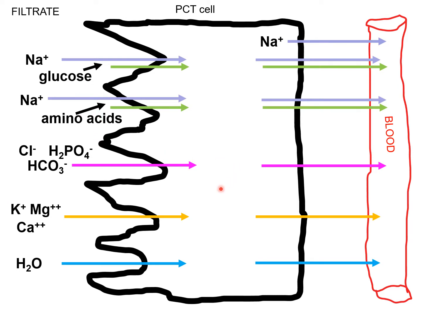Their concentration will be high in the cell, high in the interstitial fluid, and high in the blood, and water through water channels or in between the cells will be entering the cell by osmosis and following this flow of a large amount of solutes, especially sodium, all the way to the blood.